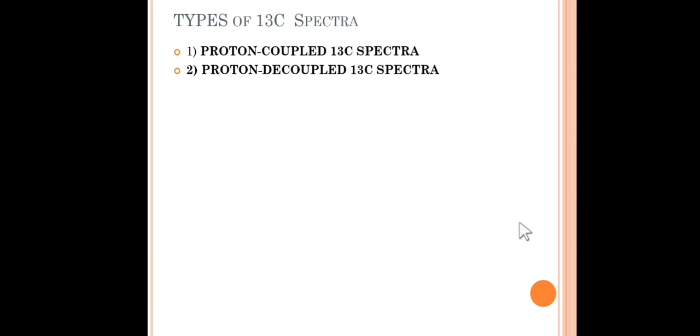Friends, there are two types of C13 spectra commonly observed in H1 C13 NMR spectroscopy. The first one is the proton coupled C13 spectra and the second is the proton decoupled C13 spectra.